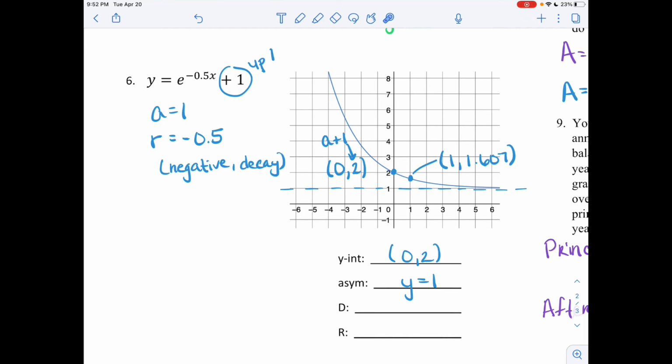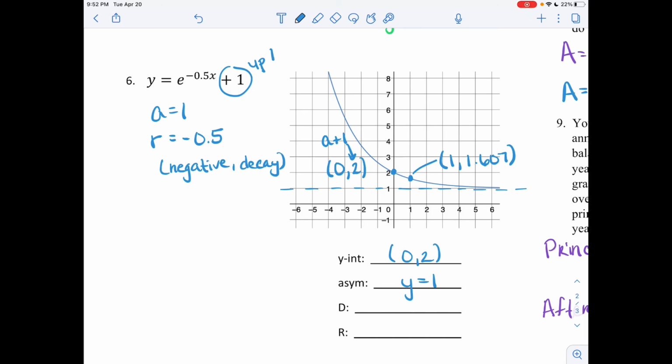How do I know that? Because when I plug in a 1 here, that means that I have e raised to the negative 0.5 power. And when you do e raised to the negative 0.5 power, you get 0.607. However, we also have to say plus 1.